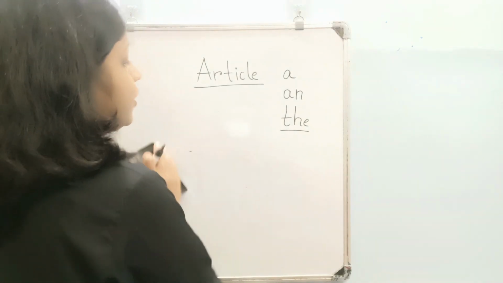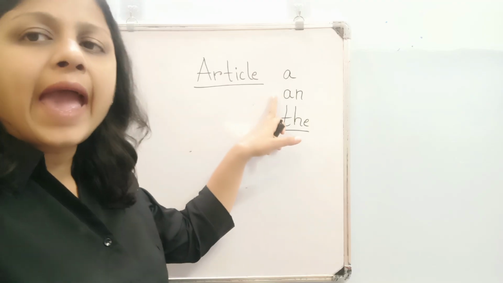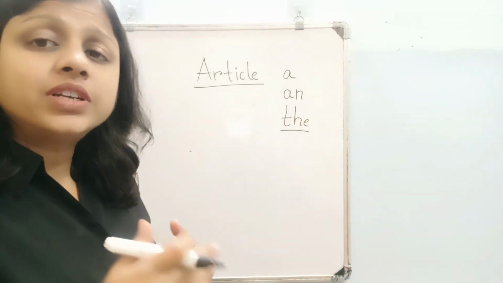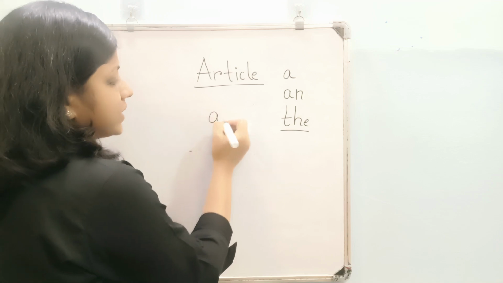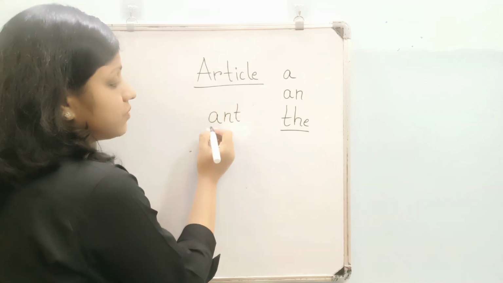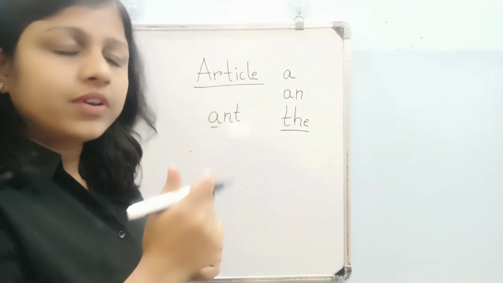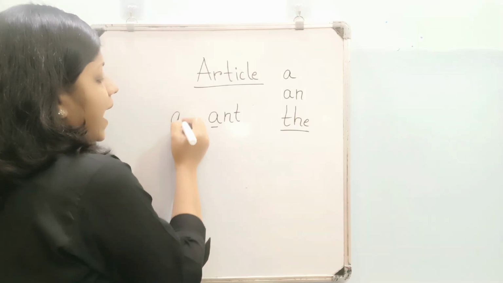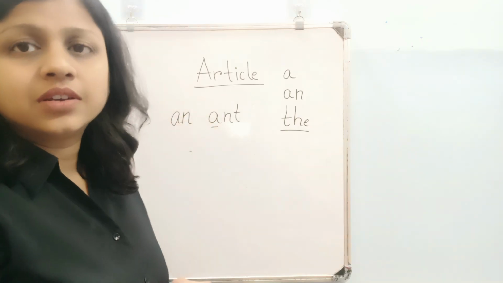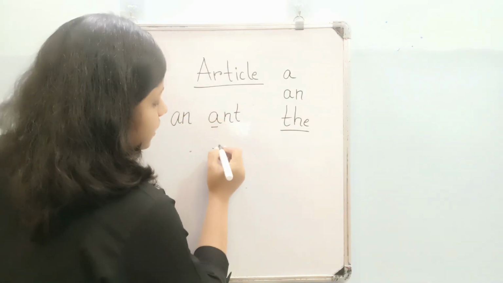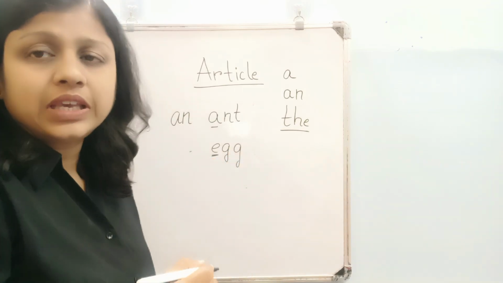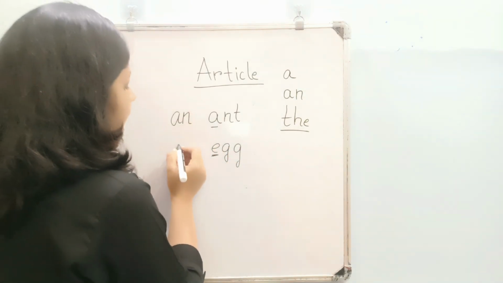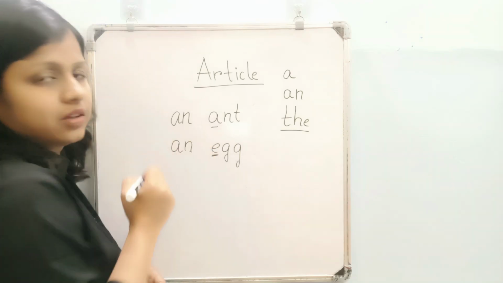Now, when do we use article an? If a word is starting with a vowel, like ant, it's starting with A, which is a vowel, so we will say an ant. Like egg, it's starting with a vowel E, we will use an egg.